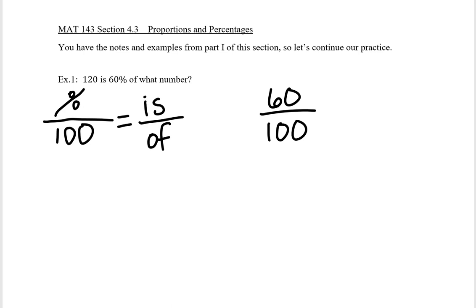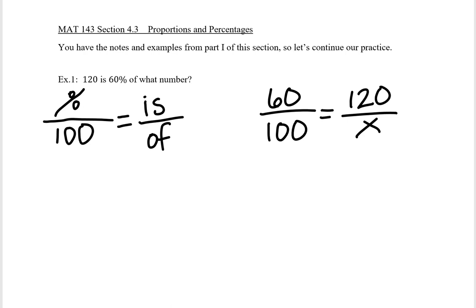Then you're going to set that equal to 120, because 120 is the part that's "is." And notice how it says "of what number." So the "of" is the unknown number that we need to find. So this would be the appropriate way to set up your proportion.